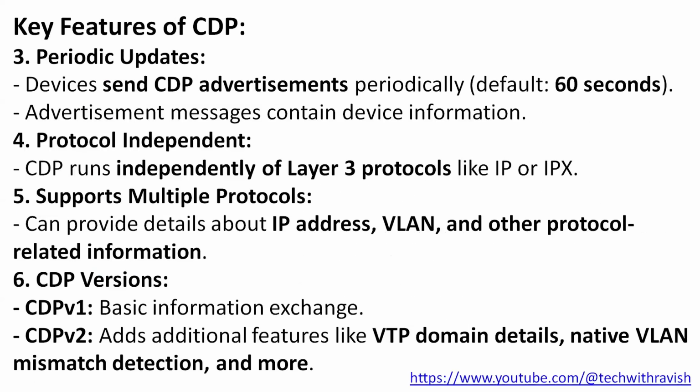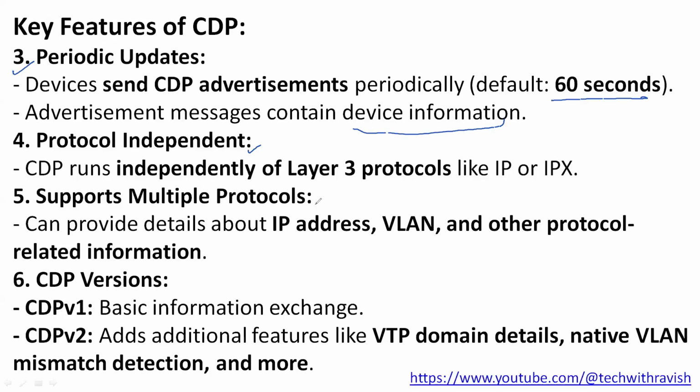What are the features of the CDP protocol? The packet containing the information is forwarded every 60 seconds, and these are called advertisement messages that contain the device information. CDP is protocol independent, that is, independent of layer 3 protocols like IP or IPX.